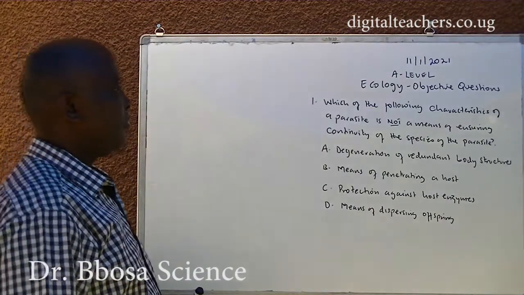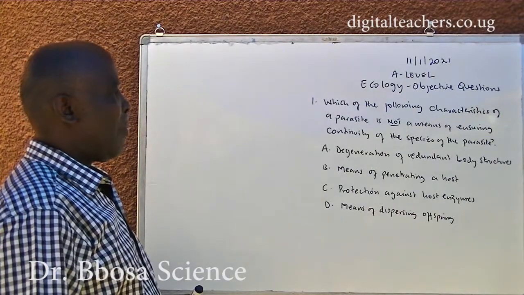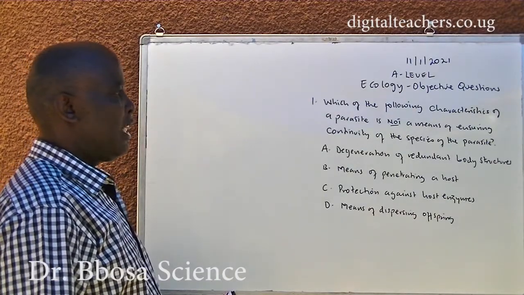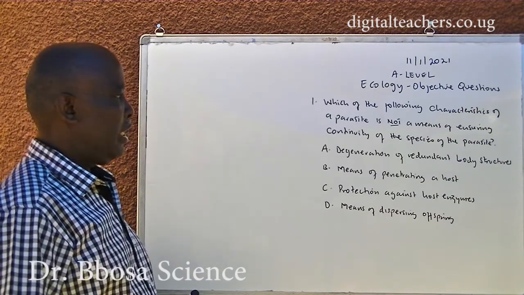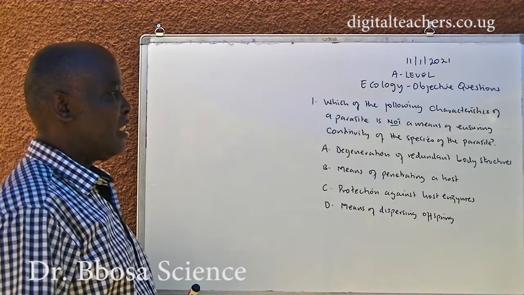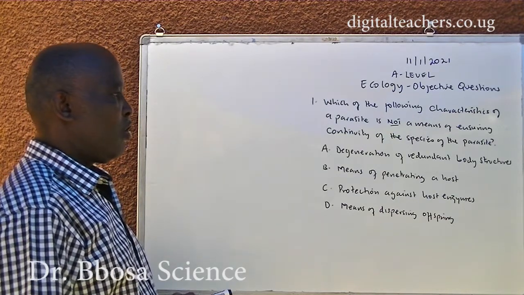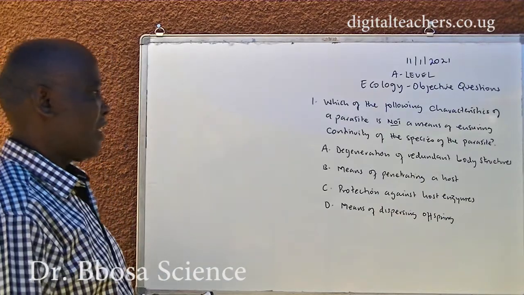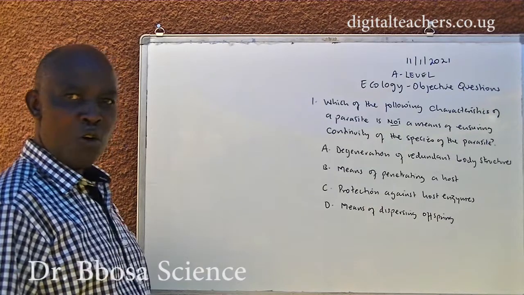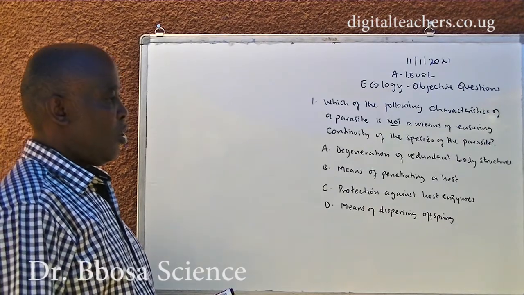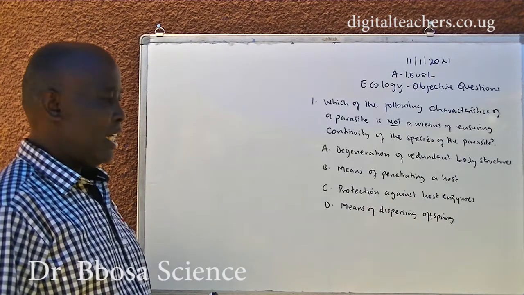Number 1. Which of the following characteristics of a parasite is not a means of ensuring continuity of the species of the parasite? A. The generation of redundant body structures. B. Means of penetrating a host. C. Protection against host enzymes.